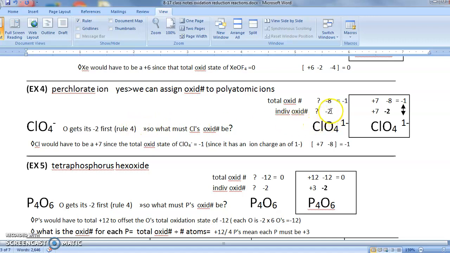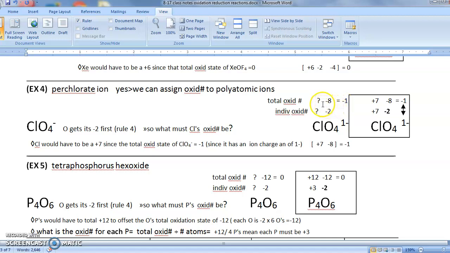Oxygen prefers a -2. We have 4 oxygens at -2, so the total negative is -8. However, this ion does have an overall charge of 1-, so the oxidation numbers must add up to -1. So what would the chlorine have to be in order for this to occur? What would we add to -8 to end up with -1?